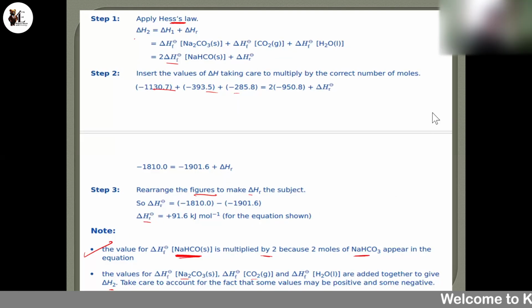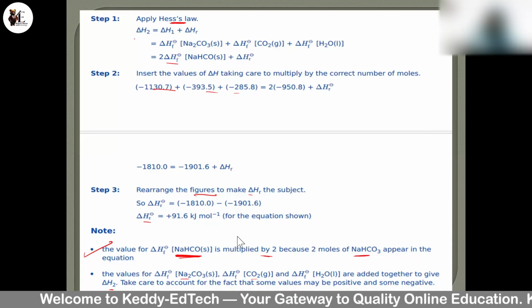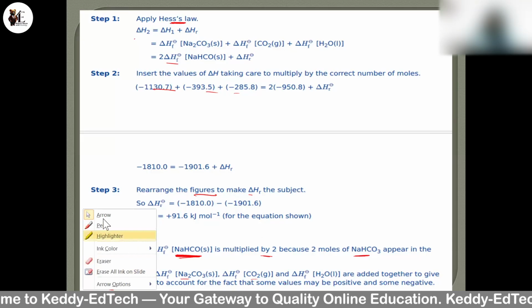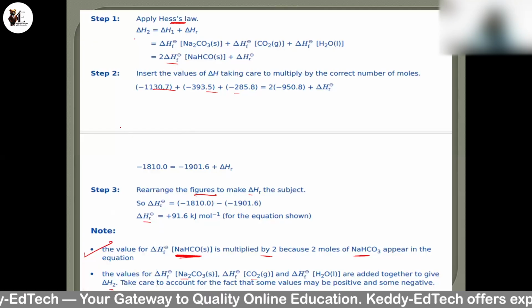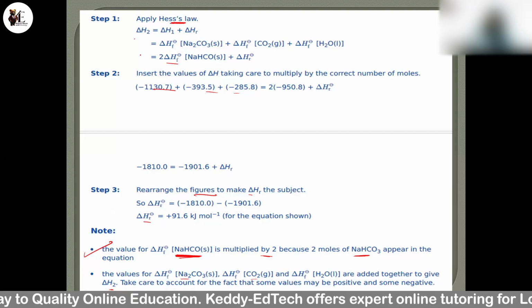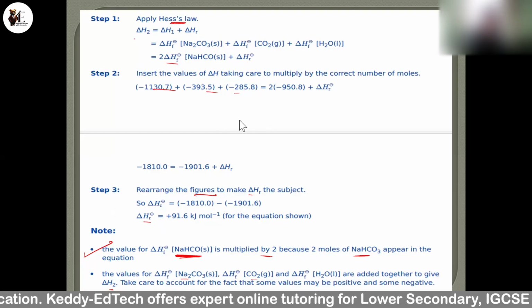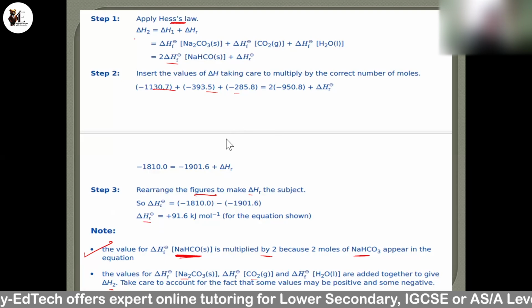I got plus 91.5. I said my final answer was plus 91.5.